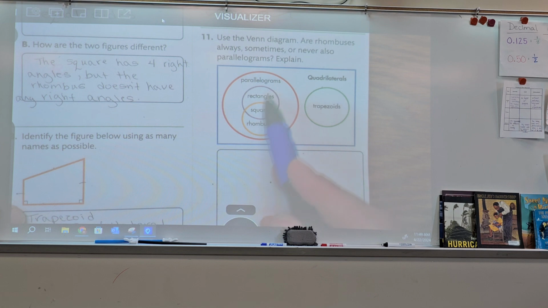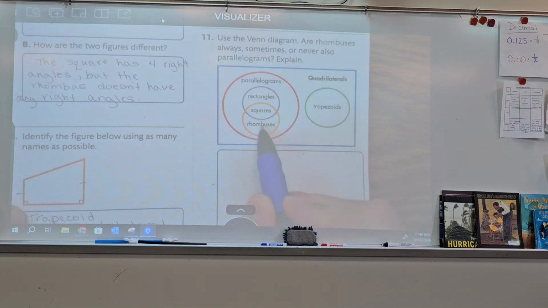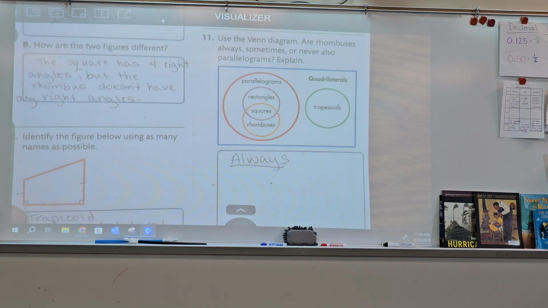Inside of that, I have rectangles and rhombuses, and where those 2 overlap, I have a square. So I want to know if rhombuses are always, sometimes, or never parallelograms. Well, rhombuses are always inside of this red circle, which means I know that rhombuses are always parallelograms.